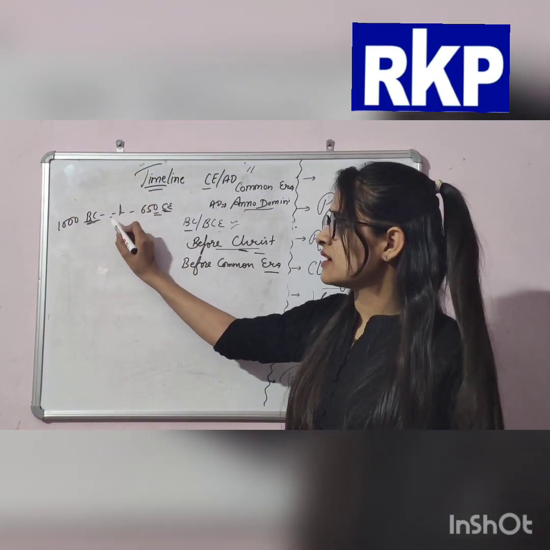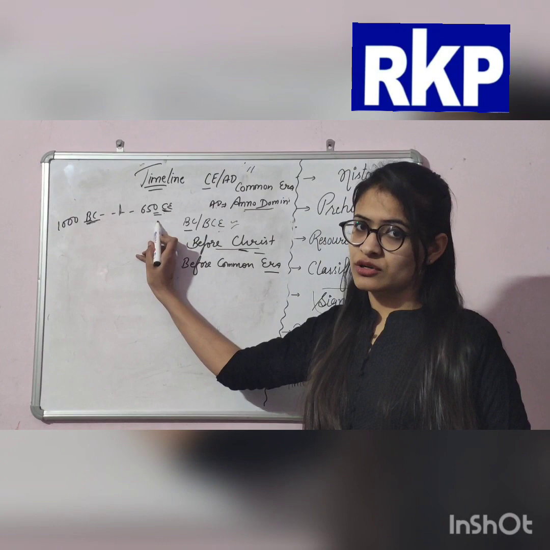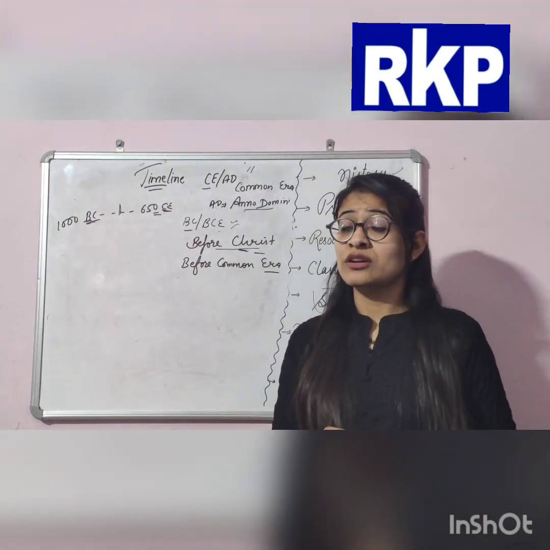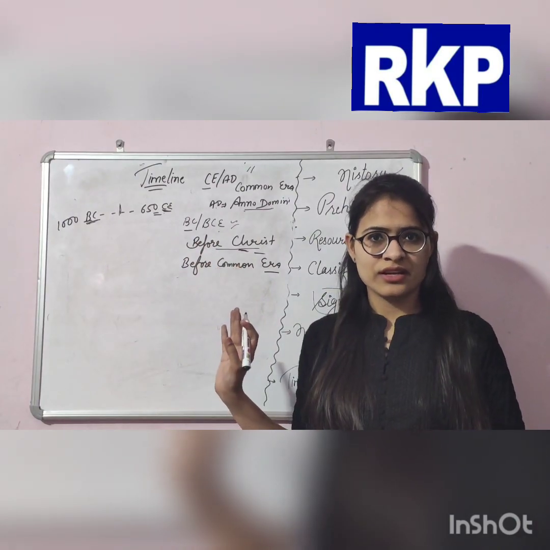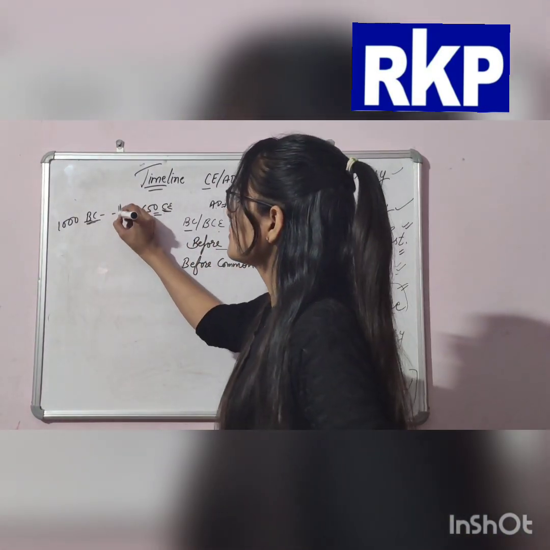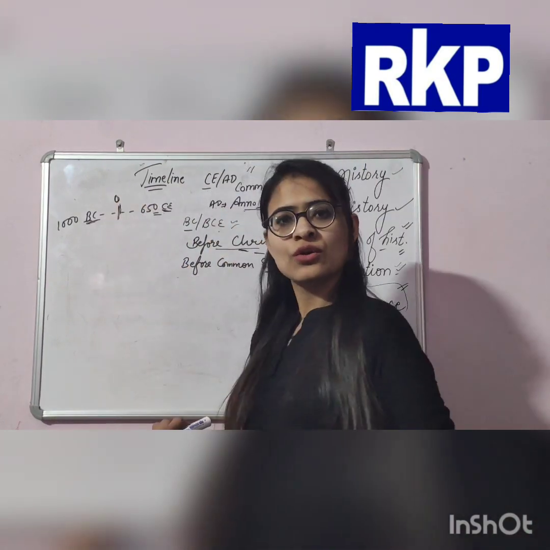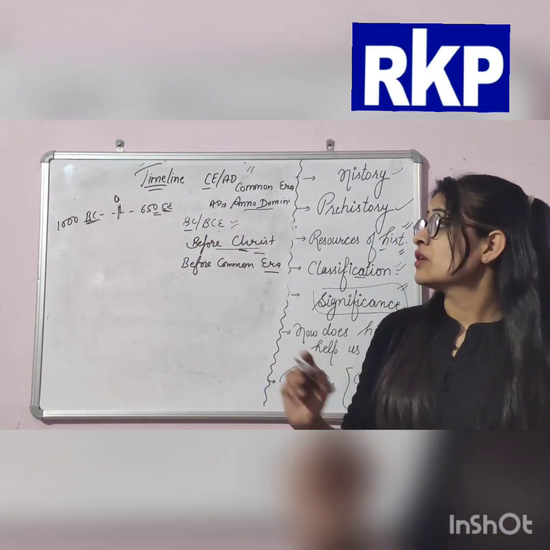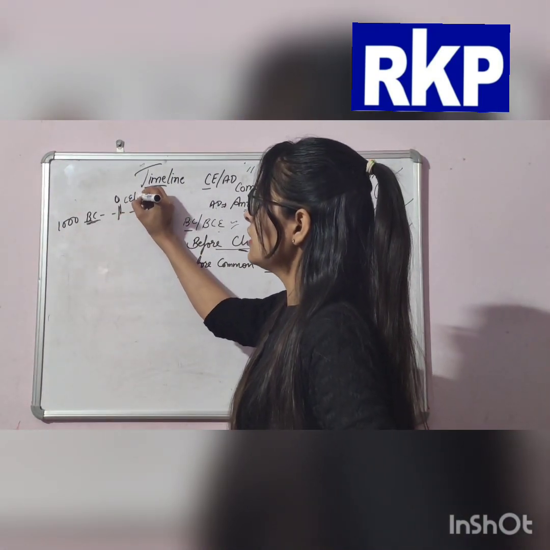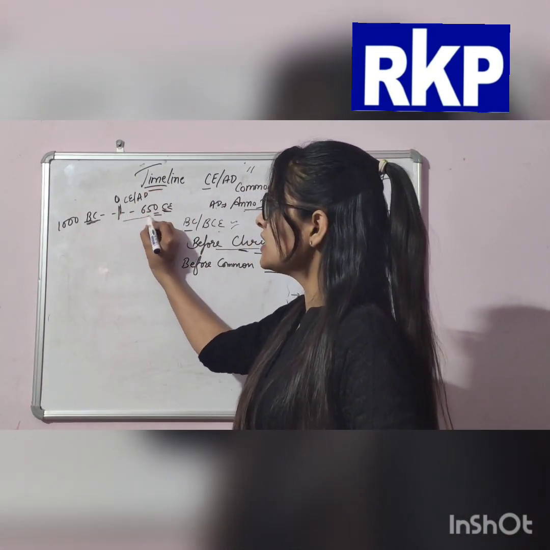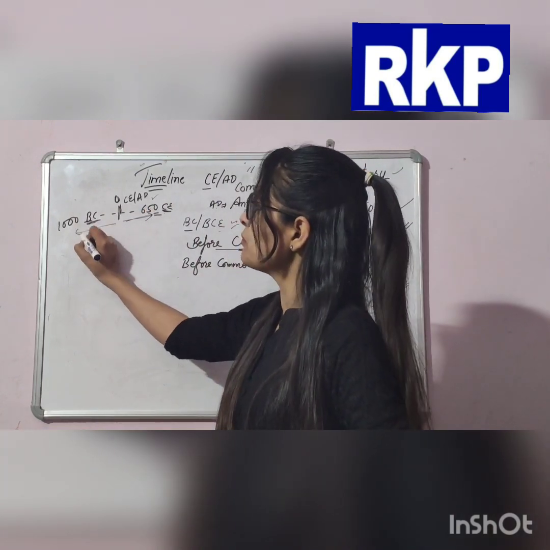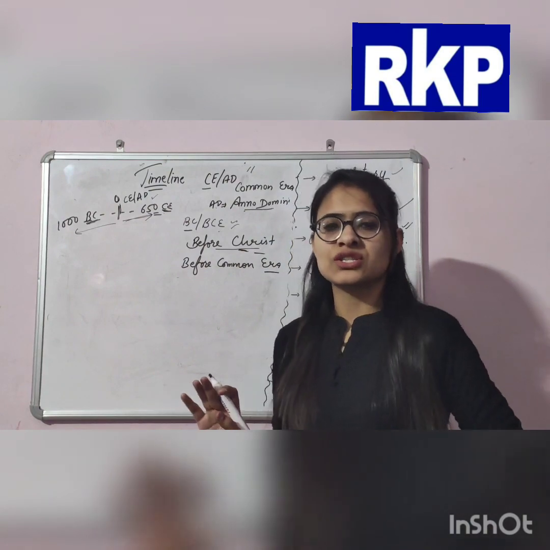This is before Jesus Christ, and this is after the birth of Jesus Christ. And the year in which Jesus Christ was born was 0. So after he was born, that time period is followed by CE or AD, and the earlier time period will be followed by BC or BCE.